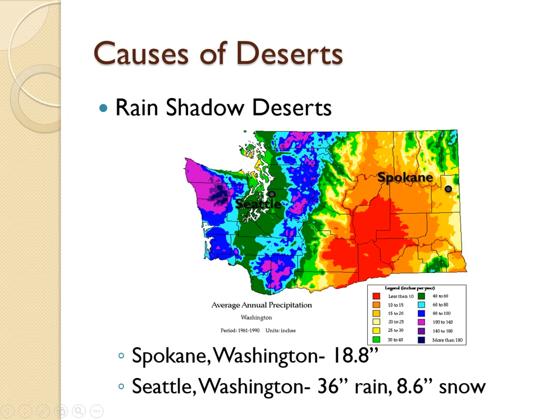So as air is blowing into Washington off of the Pacific Ocean, the first thing it does is hit those mountains right along the coast, the Olympic Mountains, and it starts losing water and getting rain there. There are actually places in the Olympics that get over 180 inches of rain a year.